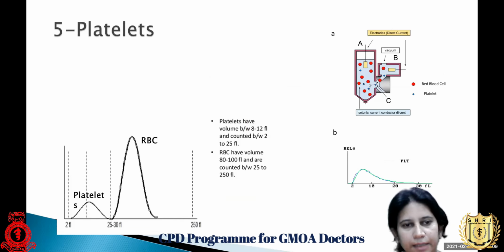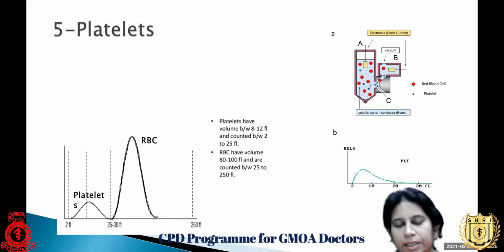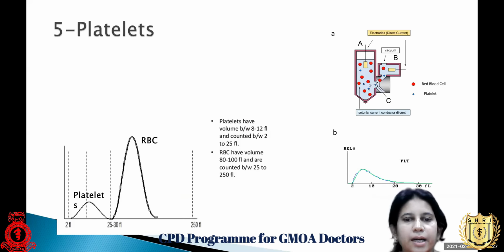So keeping that in mind, we just go to this slide. So in our machine, platelets and RBC are measured in one chamber, WBC in some other chamber. So how do they recognize platelets and RBC in a machine? Only by the size they identify the RBC and platelets. The smaller the size they identify it as platelets, and the larger the size they identify it as RBC.